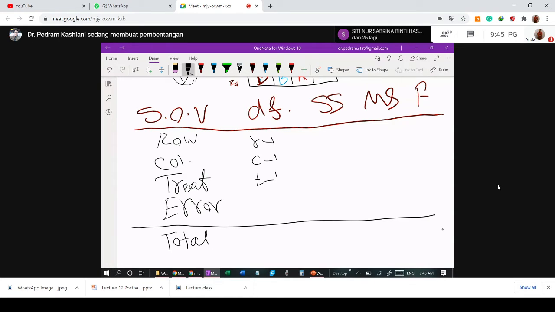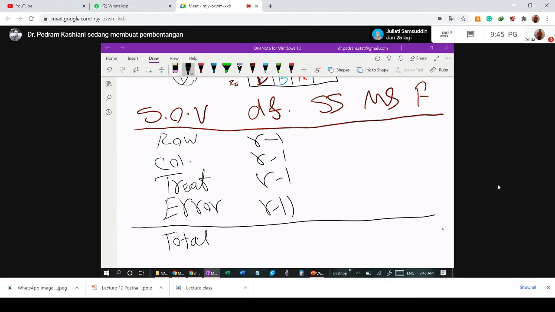But the answer to all of this, in this example, is 3. Why? Because R is 3, C is 3, and T also is 3. So you can write like this, but because R, C, and T are all the same, people write it using only R. So we say that this is R minus 1, R minus 1, R minus 1.